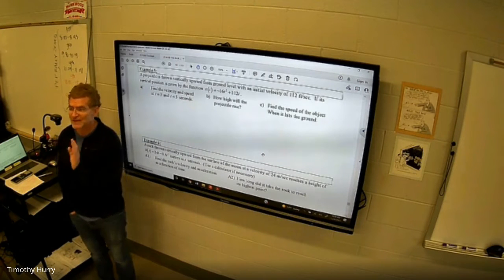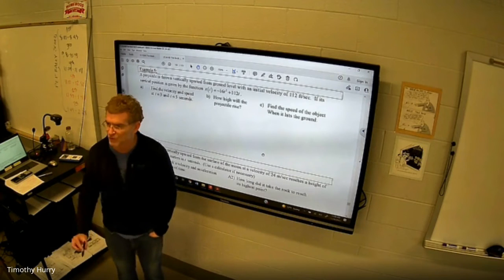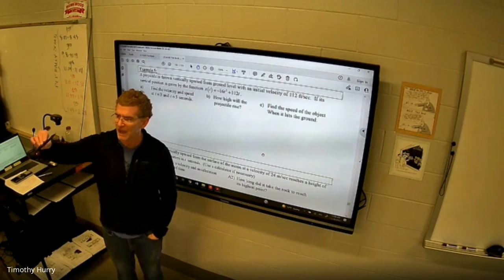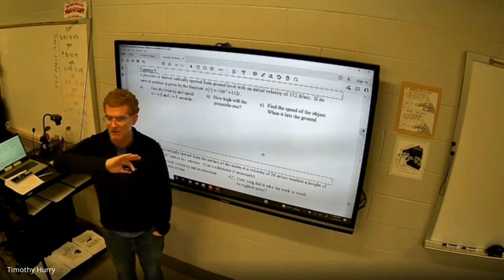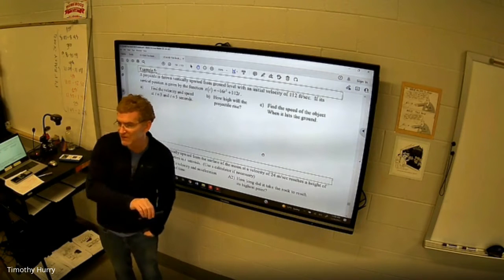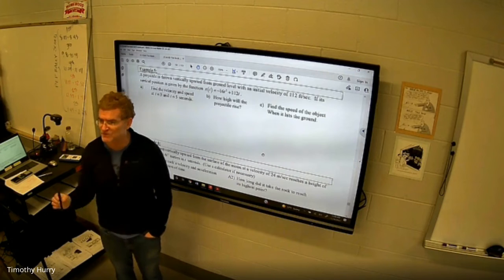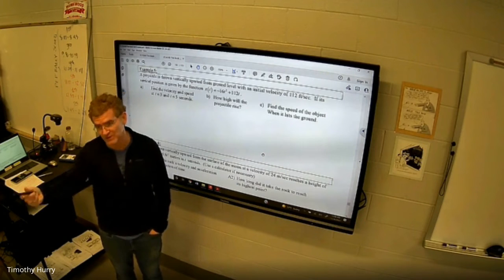So using calculus, what do I know about when this projectile reaches the maximum height? Slope is 0 is definitely true.